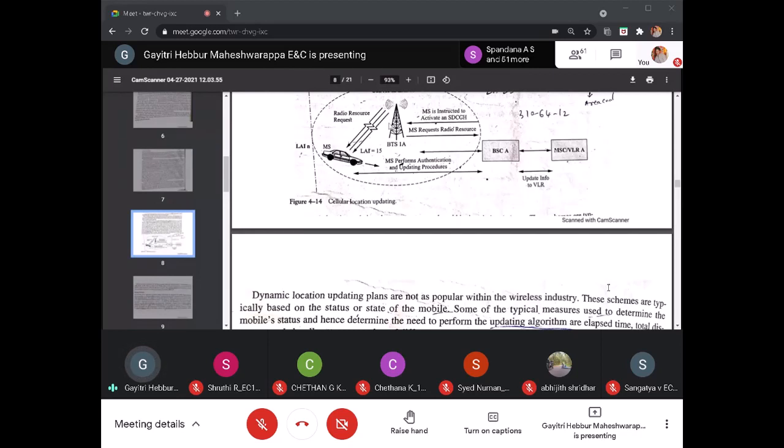Then through the request and response, the MS performs authentication and updates the LAI number, whatever is stored in the BTS, and whatever the BTS transmits through the paging channel, the control channel, that will be updated in the MS. Okay. Next, it will allocate the traffic channel.